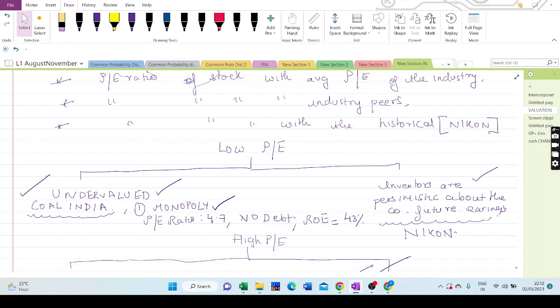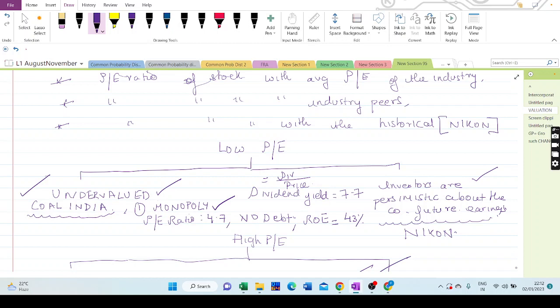And guys, what is its dividend yield? Just look into Google. 7.7. How do you calculate dividend yield? You divide the annual dividend by the price of the stock, right?